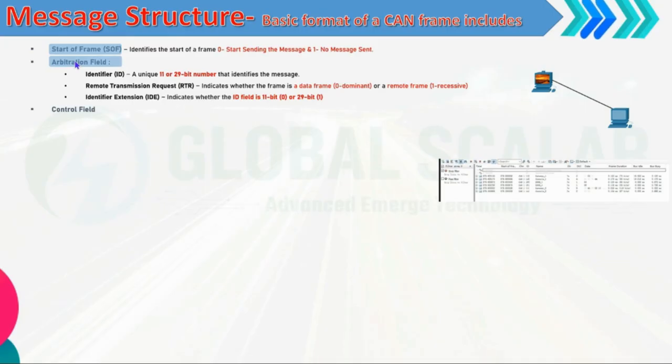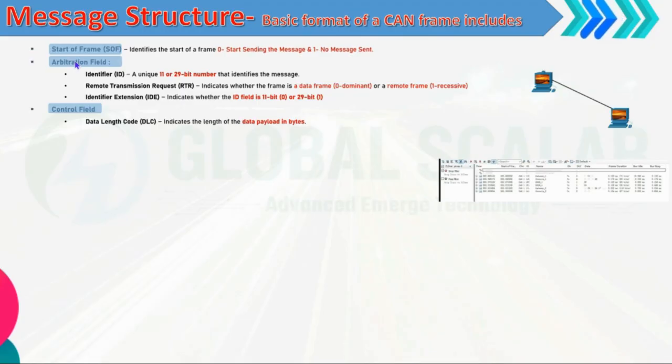We will go into detail in the frame format to understand what the identifier extension is, what the remote transmission request is, and what the identifier is. And next is the control field in the message structure. Here it decides how many bytes of data we are transferring in the message.